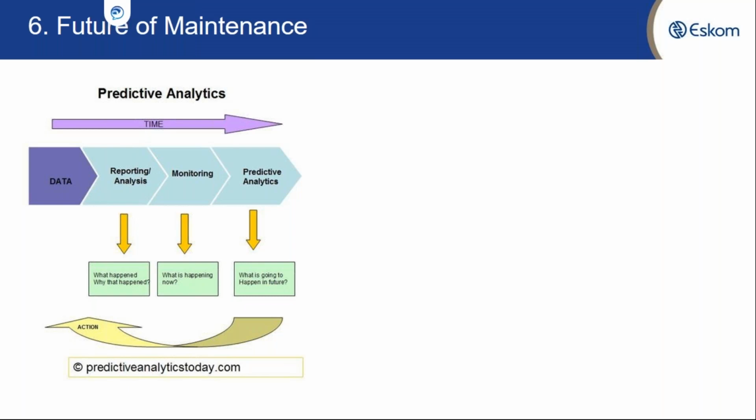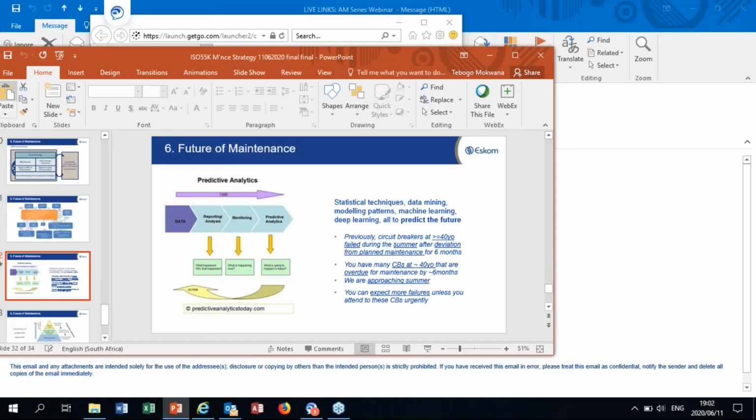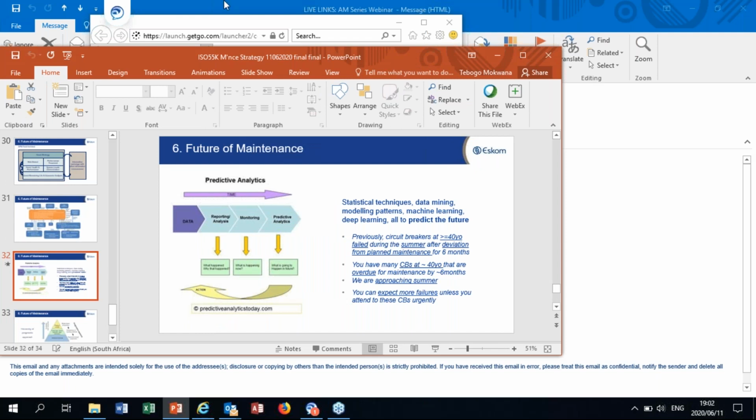ESCOM uses an RCM approach to derive what maintenance we have to do. So on that note, thank you, ladies and gentlemen. I am going to be handing over back to the moderator. Thank you.